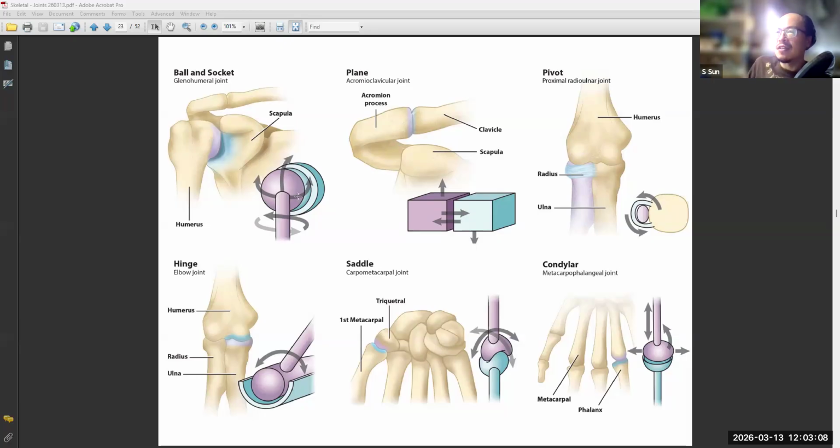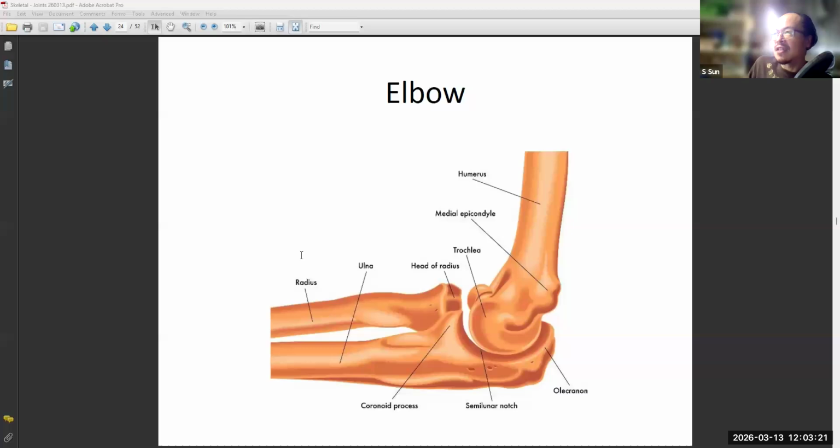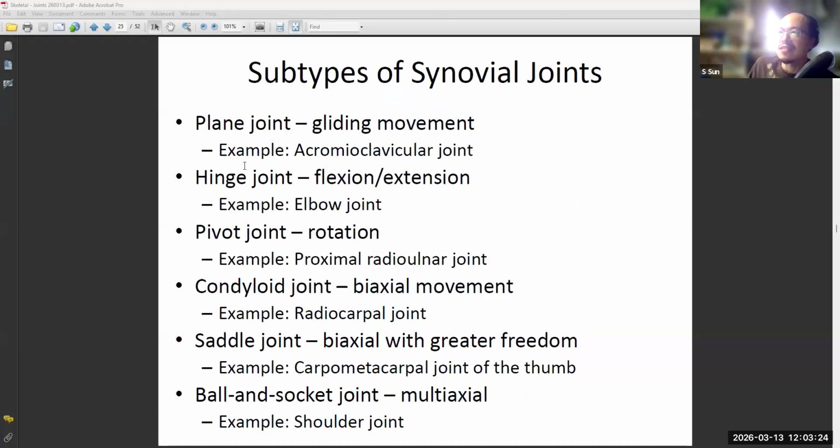Because of their arrangement, they have different ranges of freedom to move. And then from here, I want to go back to the movement. This is a very anatomical lecture. So before that, let's just summarize what we just learned.